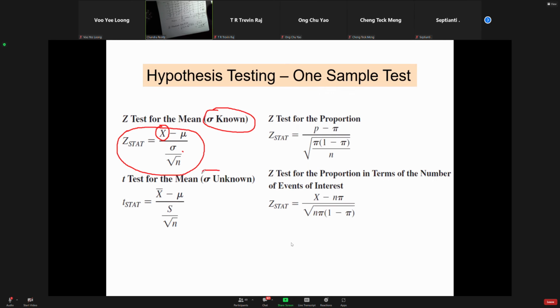When sigma is unknown, when the population standard deviation is unknown, then we find the T-stat. This critical value will be the T-stat. So in this case, x bar minus mu over s over square root of n. Can someone tell me what is s?